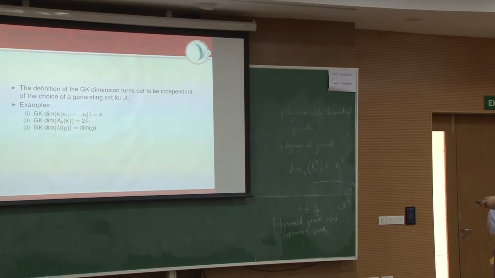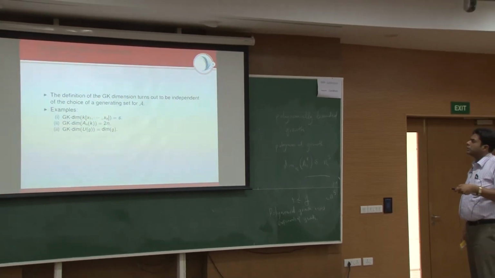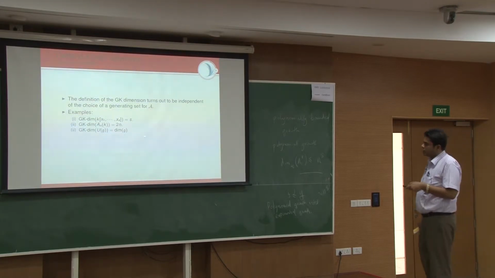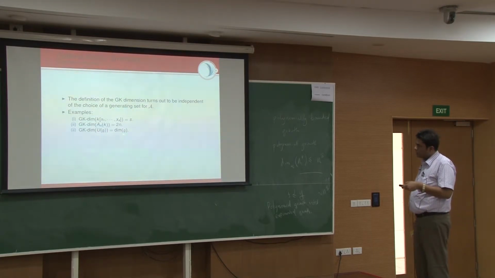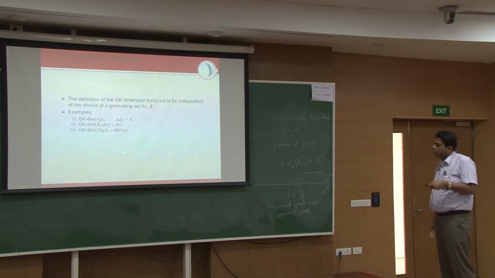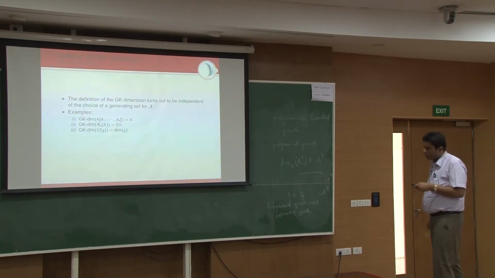So in the case of the Weyl algebra, the associated graded algebra is just the polynomial ring in 2n variables, so its GK dimension is 2n. For the universal enveloping algebra of a Lie algebra, if g is a finite dimensional algebra, then U(g) is affine, and the GK dimension is just the dimension of g.